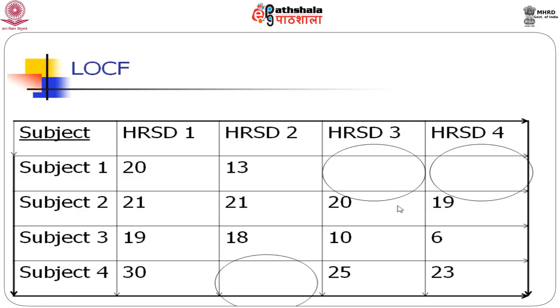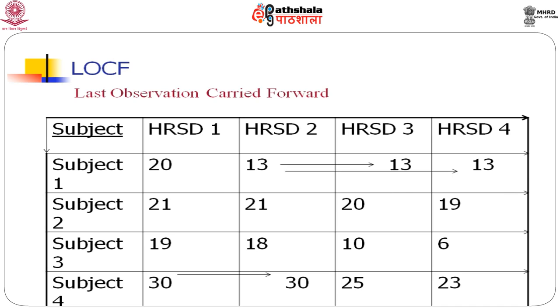All these problems can prevent him or her from coming back and reporting. So the observations are missing, right? And so what to do? This is the LOCF technique, where the last observation 13 has been carried forward, and similarly it has been filled in this way. So this is the LOCF.